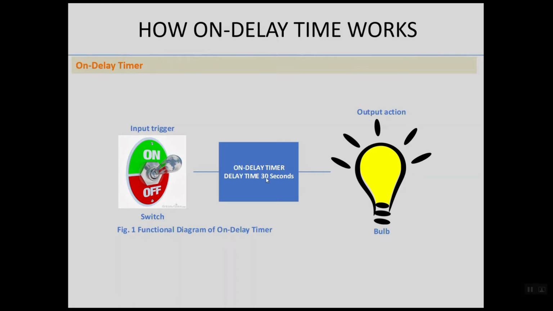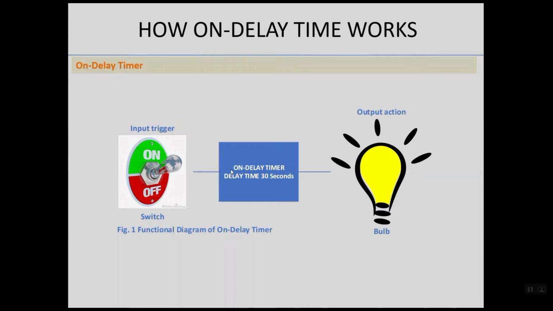When it completes the 30 seconds, it turns the bulb on, and when the switch turns off, the bulb turns off immediately. So this timer in between the input trigger and output action causes a delay in the action by 30 seconds when it receives the input trigger.